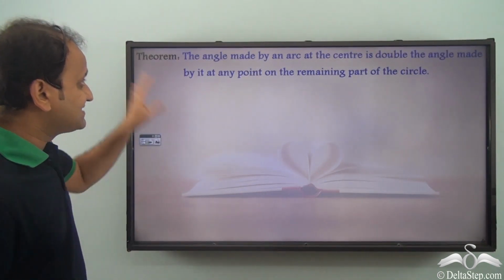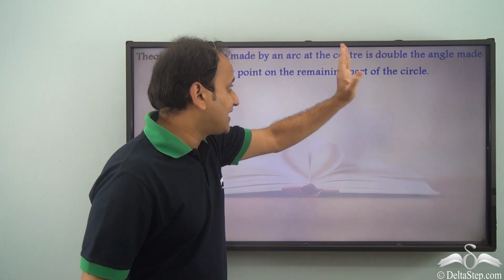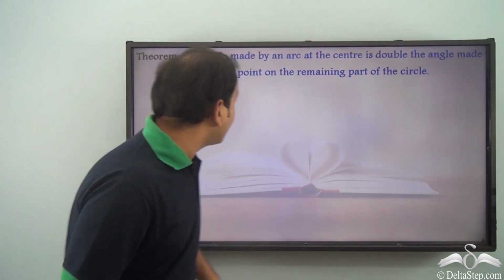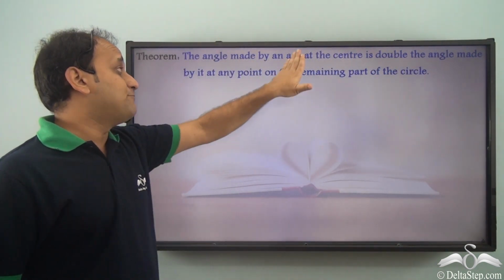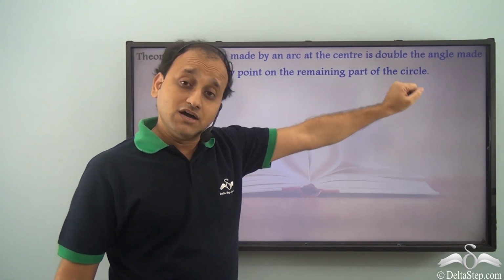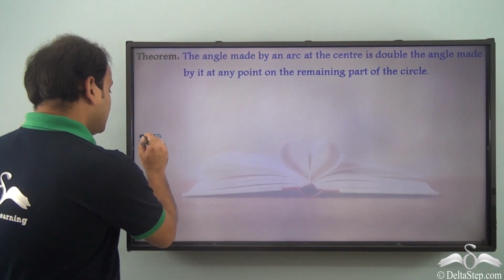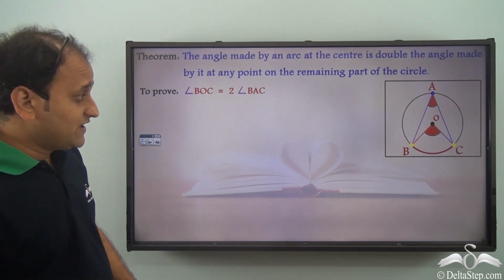So the theorem states the angle made by an arc at the center is double the angle made by it at any point on the remaining part of the circle. So what do we have here?